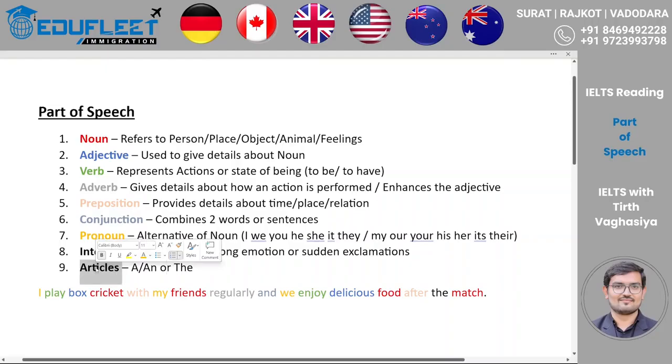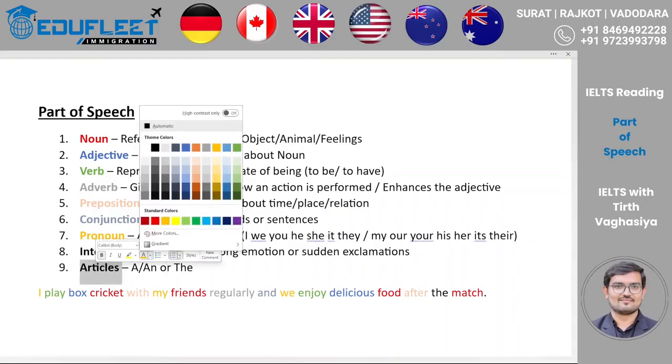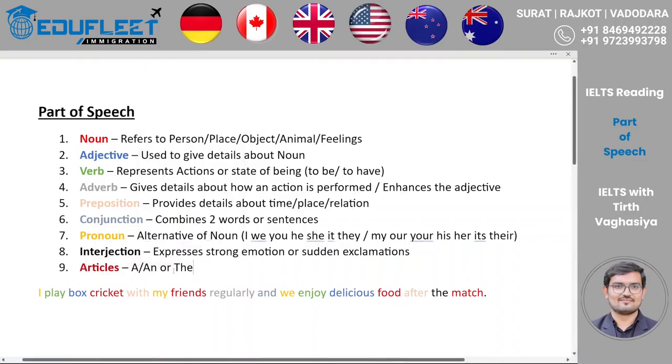The last one, which is not always considered as a part of speech, but many times we put it under that, is the article. Now, what is an article? Articles are terms that are used with nouns, and usually the noun should be countable, right? So there are two parts. One part is A and AN, those are singular articles.